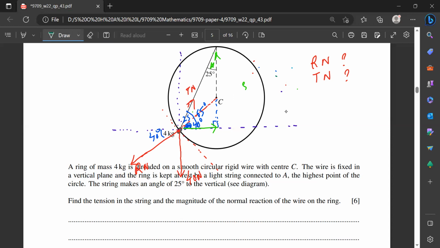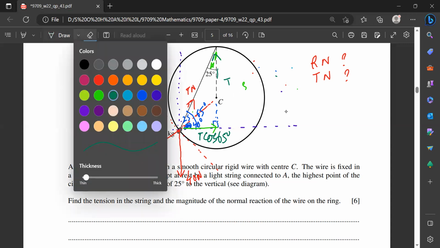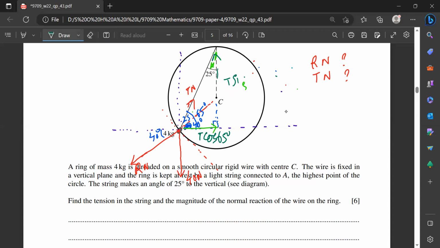This must be T cos of 65, and this component is T sine of 65, because this force was T. You can also write the components relative to the angle 25.